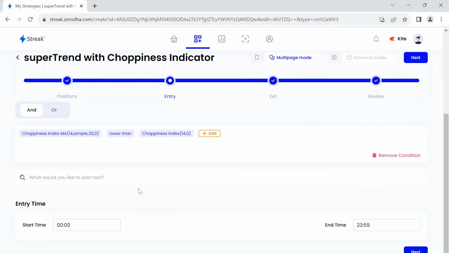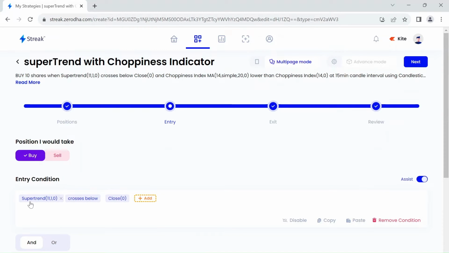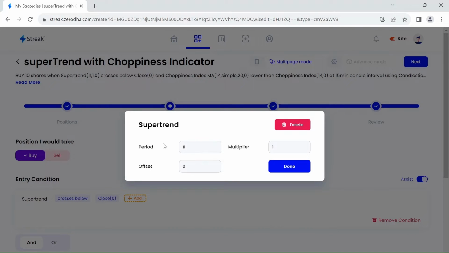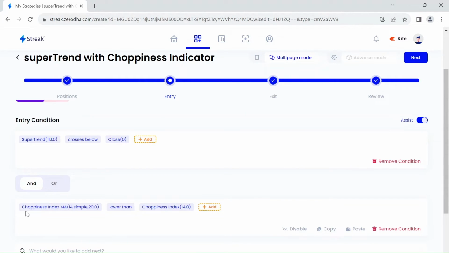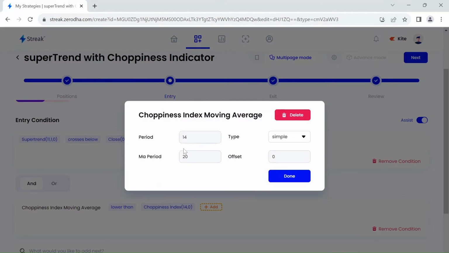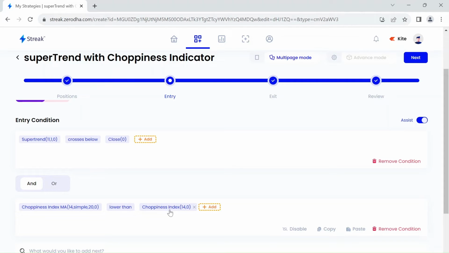And the entry condition would be, supertrend with period 11 and multiplier 1 crosses below close, and choppiness index MA with period 14, MA period 20, and type simple lower than choppiness index. So this means the moving average of the last 14-period choppiness index is less than the choppiness index.